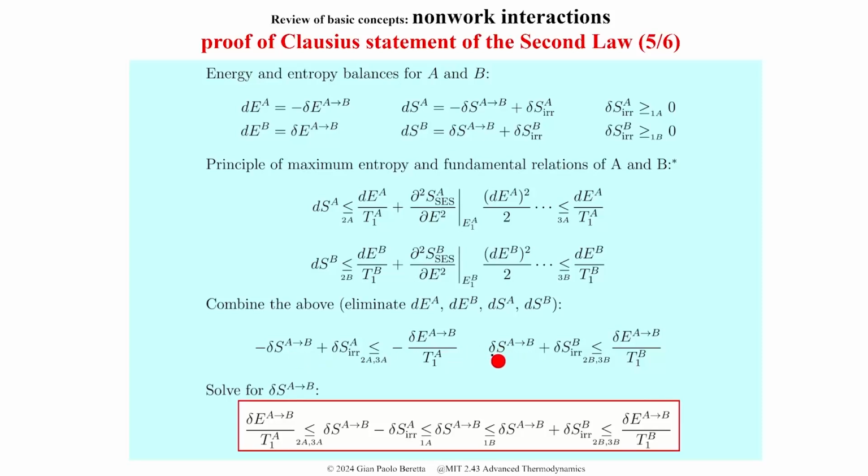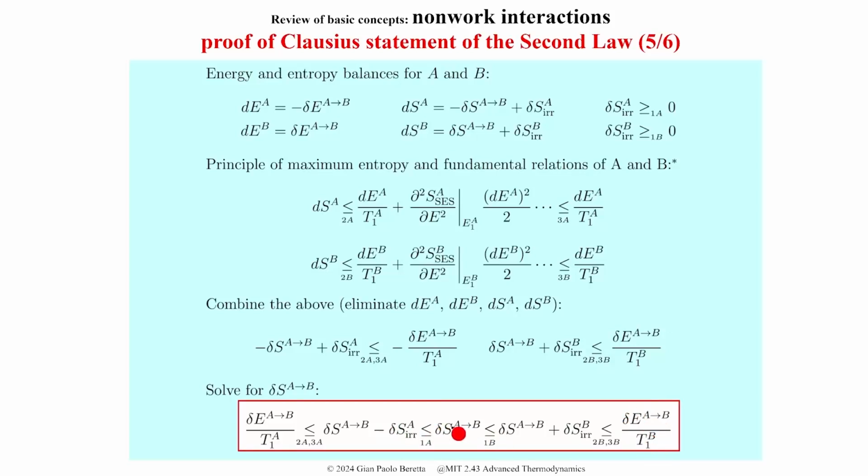So I can combine these two in a single train of inequalities, where delta S, the entropy exchanged, is at the center, and it's less than, if I add the entropy produced by irreversibility, and this must be less than delta E over T1B.